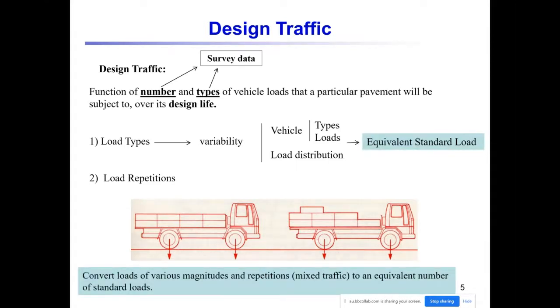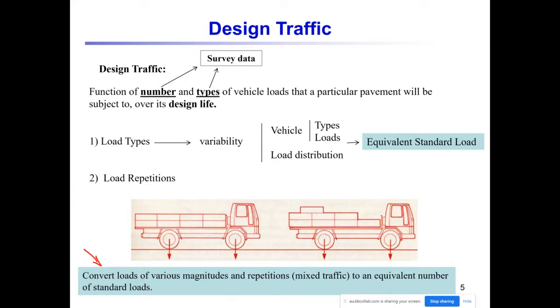The main philosophy in Austroads is that we want to convert these different types of loads into one single unit. And that unit is considered as the equivalent standard load. So the main philosophy in Austroads, as I wrote it here, is to convert loads of various magnitudes and repetition to an equivalent number of standard load.